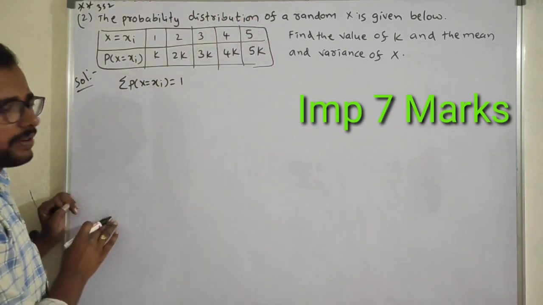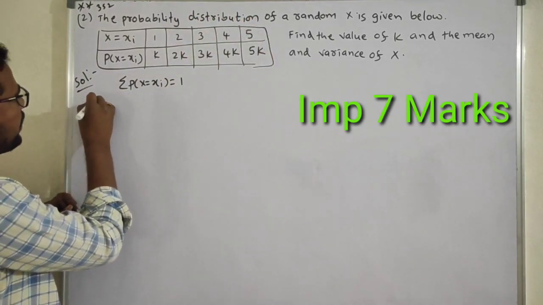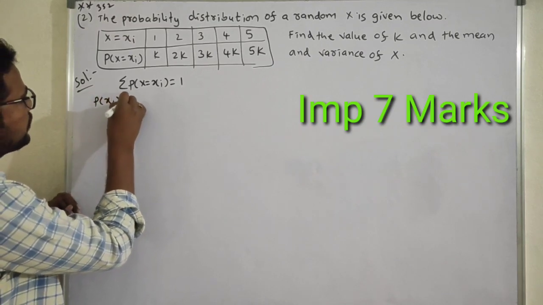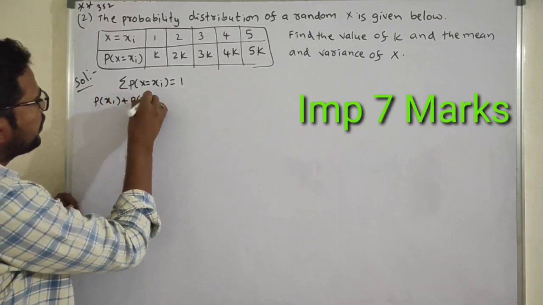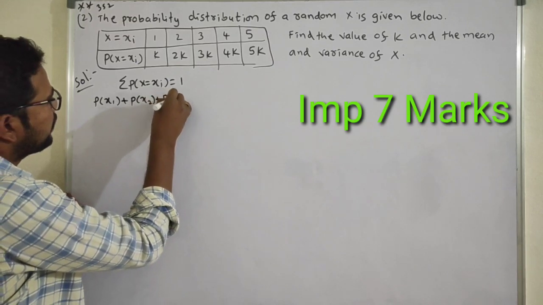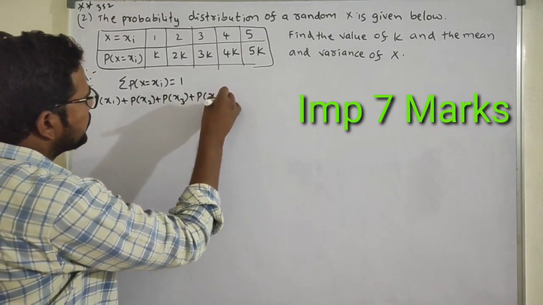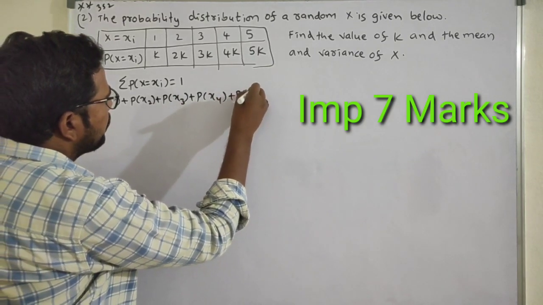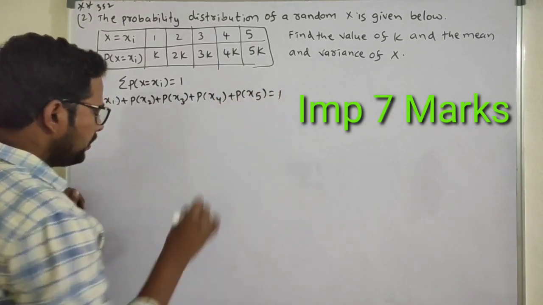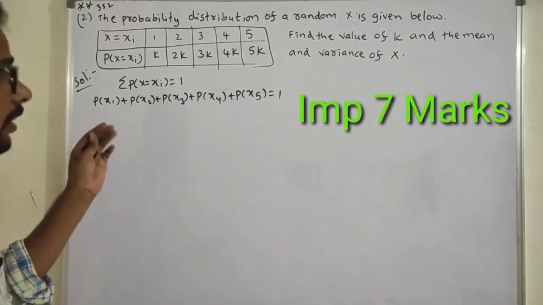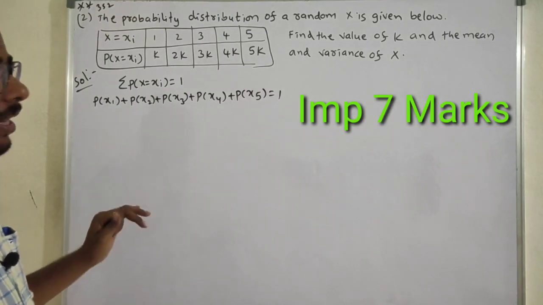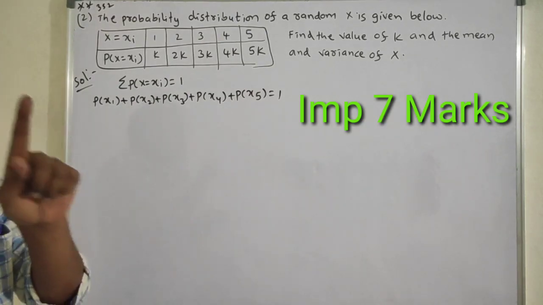So p of x1 plus p of x2 plus p of x3 plus p of x4 plus p of x5 is equals to 1. Total probability of all outcomes is equals to 1.